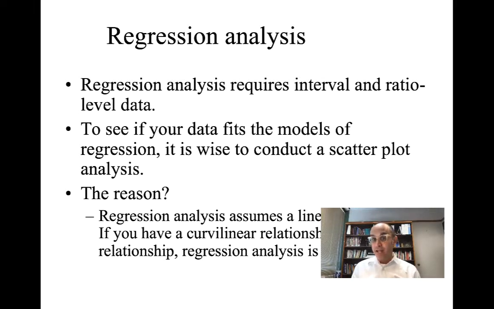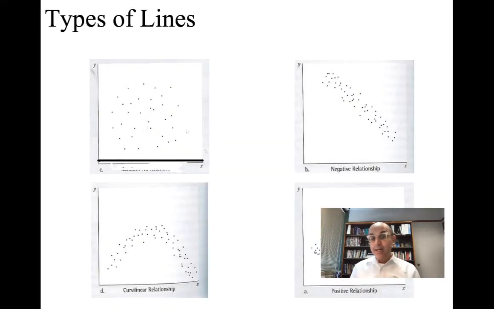The reason is that regression analysis assumes a linear relationship, if there is a relationship or no relationship. So this is what the scatter plot will look like when we look at the type of lines and what type of relationship exists between them.